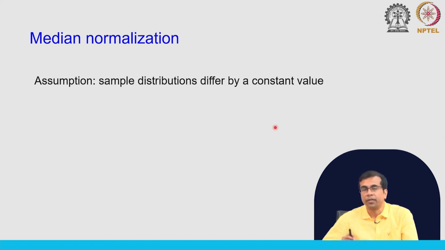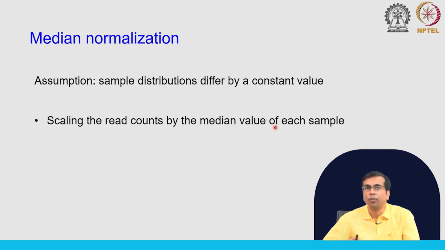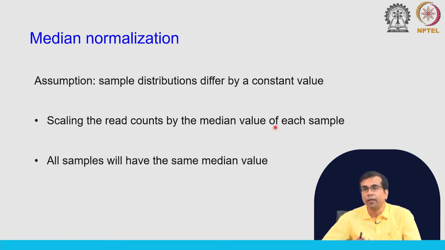Once we start with this assumption, the goal becomes very simple. We scale the read counts by the median value of each sample. So, we calculate the median and we scale the read counts by the median value. And at the end of the normalization, what you would see is that all samples will have the same median value. That is the idea behind this normalization.